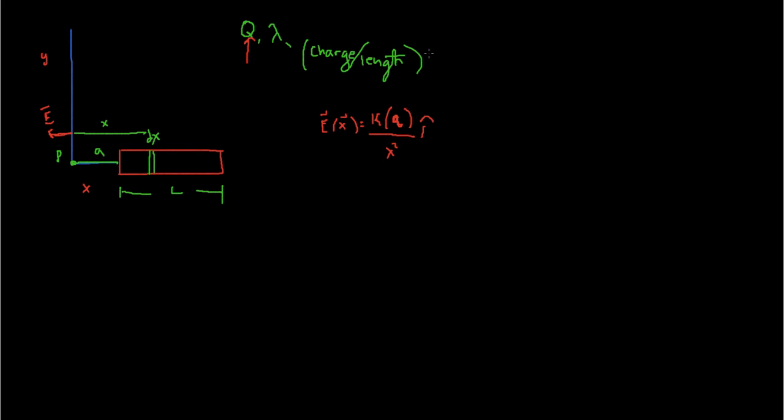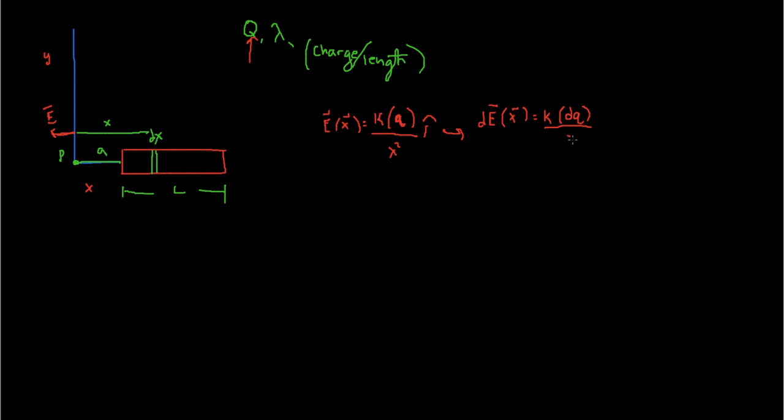So that means the equation becomes, you can start out with this equation too, that the changing electric field vector in the x direction is equal to the constant from Coulomb's expression times the changing charge over the distance squared.